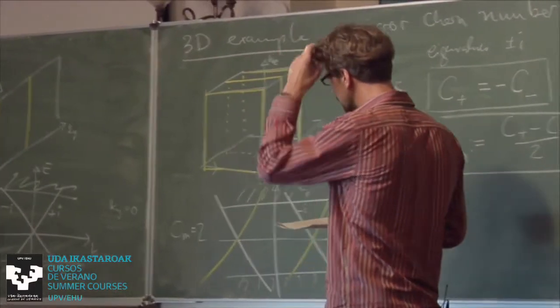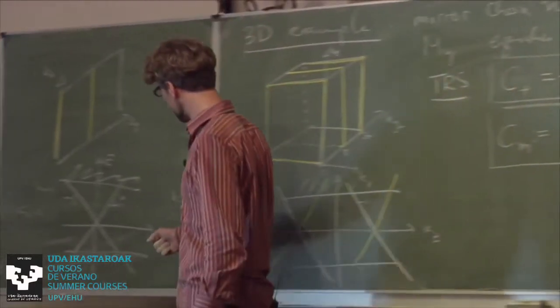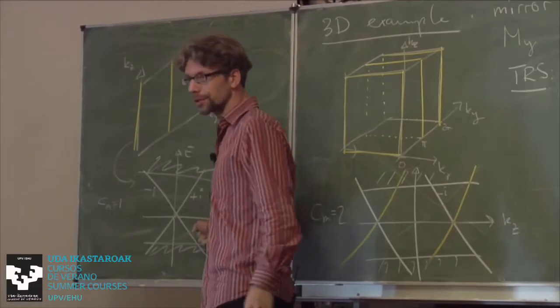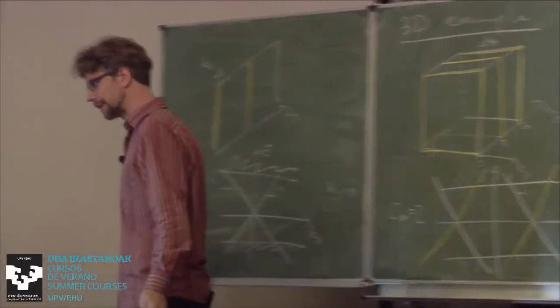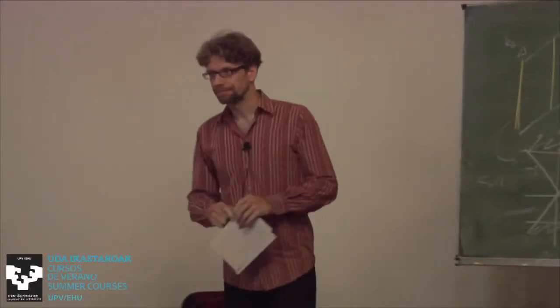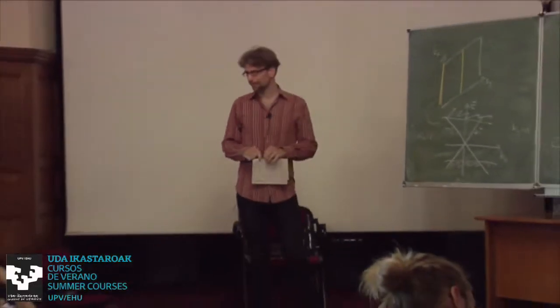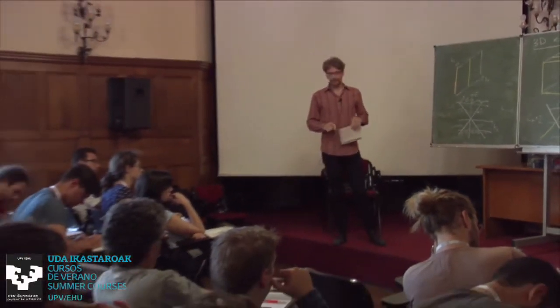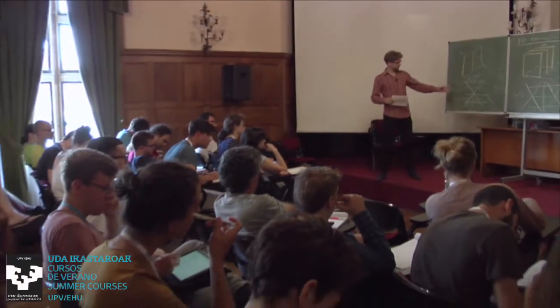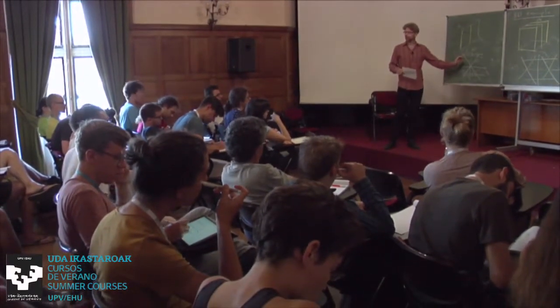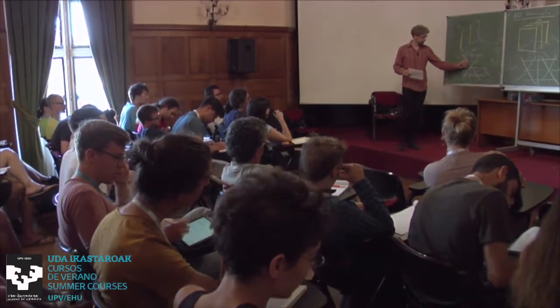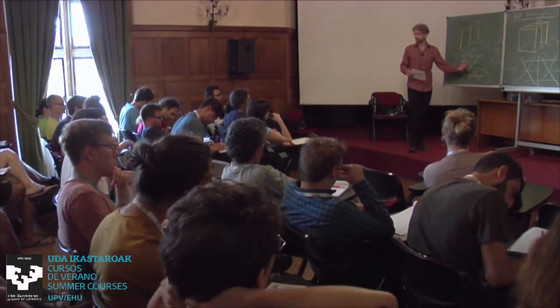Now, if I have time reversal symmetry, mirror Chern number is 1, what do I have? So the question is, how do you think about how you would close this electronic structure up in 2 dimensions?